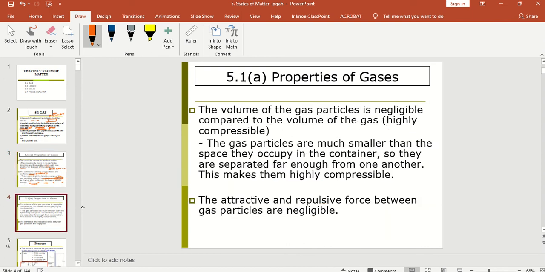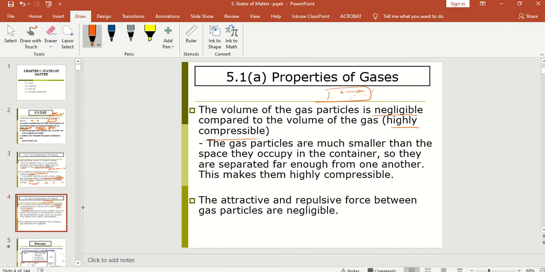The volume of the gas particle is negligible. Kita assume yang gas particle tu tak ada volume. That's why gas particles are highly compressible, because in one container the space between the gas particles is very far.